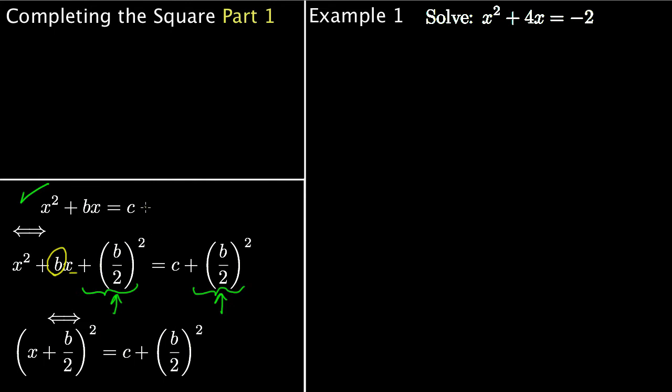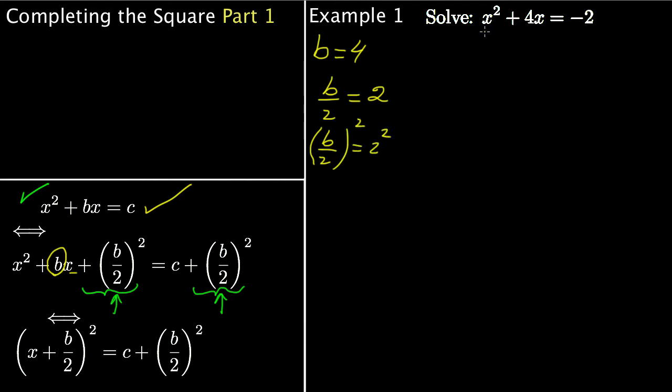It looks like this form over here, where the left side is exactly the same, where b is 4, and the right side is a number, or negative 2. So the number we want to add to both sides here is b over 2, which is of course 2, and the square of that. So this is the number we're going to add to both sides.